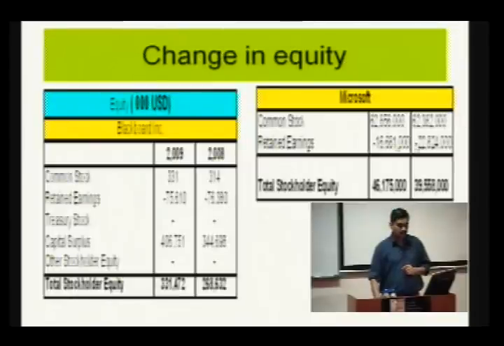If you see, both the companies have a negative retained earnings, that means they were making losses, but in the last year they have started making profits. So, therefore, the negative retained profit is coming down. As a result, the total shareholders equity has changed.